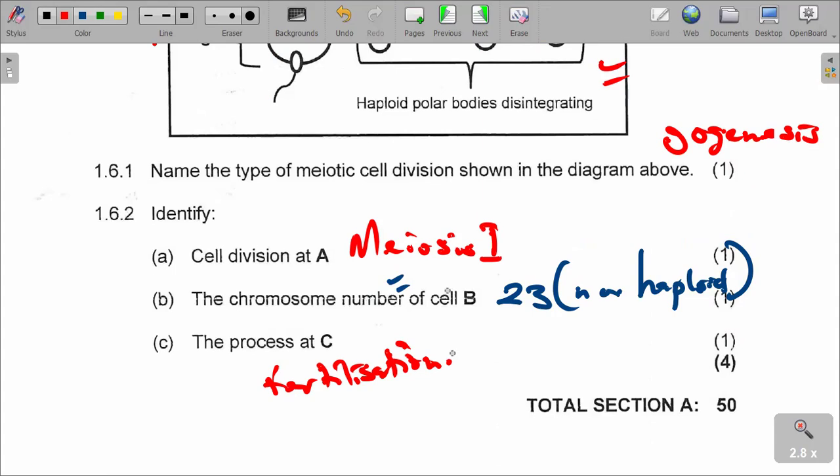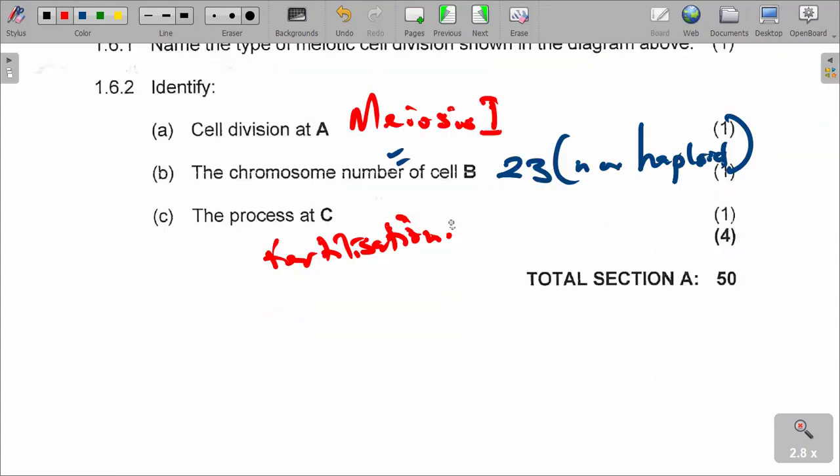They are fusing, so their nuclei are fertilizing. You should also know that the number of chromosomes after fertilization should be 46 when normal gametes fertilize each other.